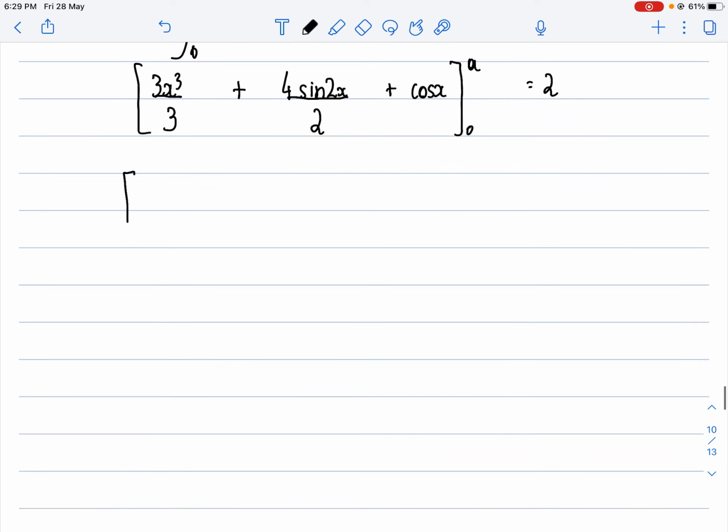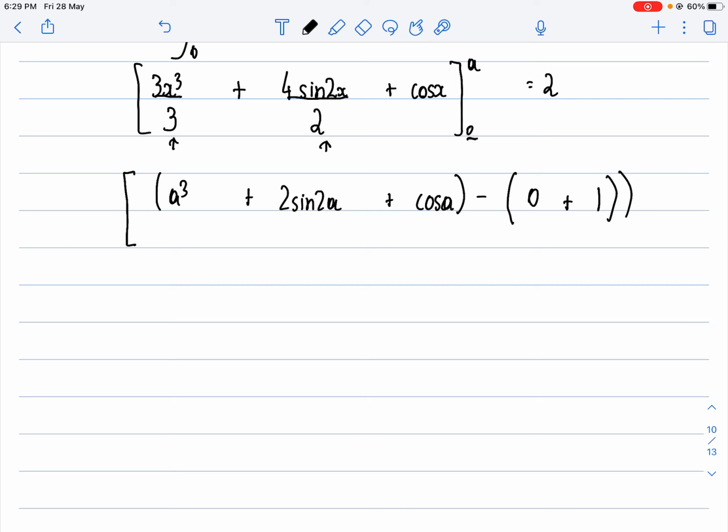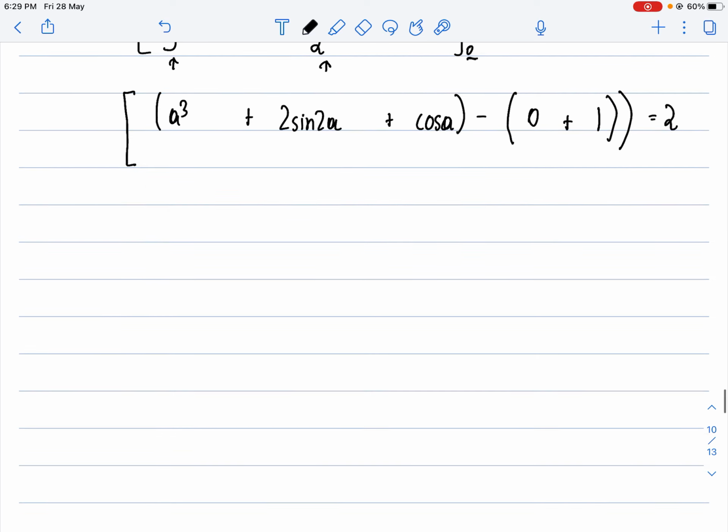So now I can write this as a cube plus 2 sine 2a plus cos a, minus, when I put 0 in the place of x, I'll get 0 plus, and when I do cos 0, I'll simply get 1, which is equal to 2.